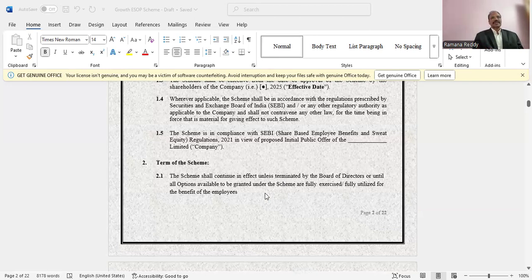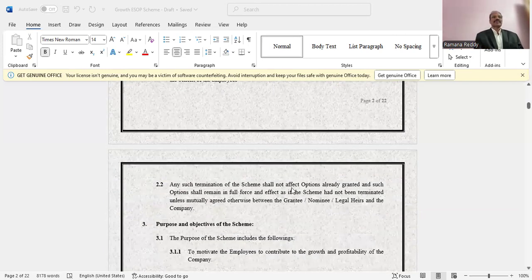Now we will talk about the term of this scheme. The scheme shall continue in effect unless terminated by the board of directors, or until all options available to be granted under the scheme are fully exercised and fully utilized for the benefit of the employees. Then they can go for termination. That is their choice.